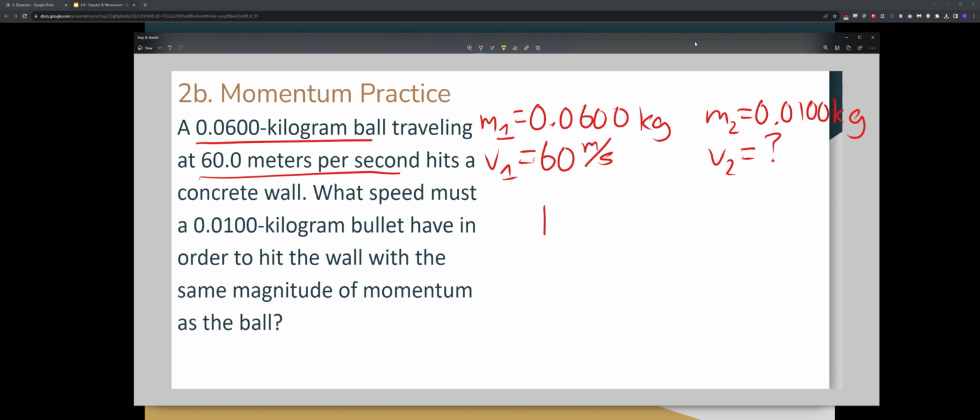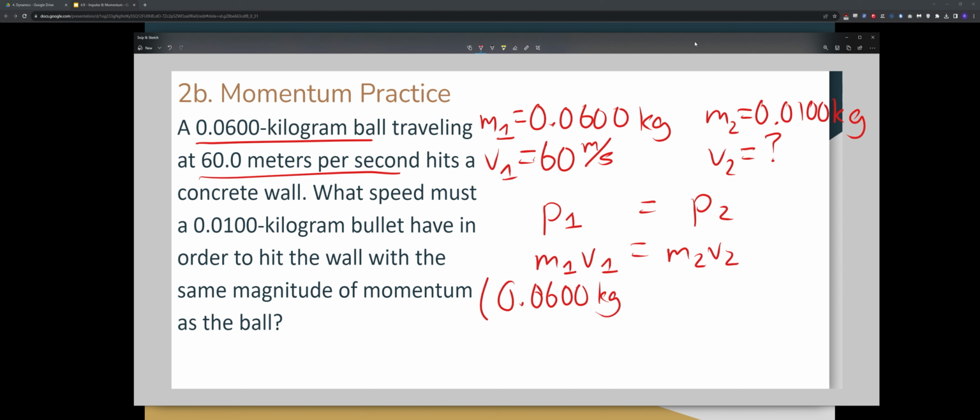So we know that the momentum of object 1 should equal the momentum of object 2. But we also know that, due to the formula, momentum is equal to mass times velocity. We can just break it down like that, and now all we need to do is substitute.